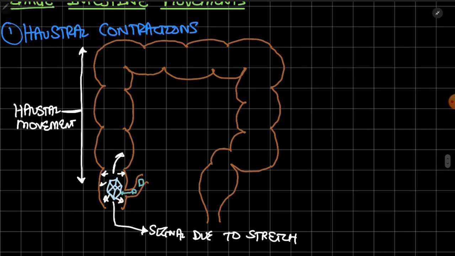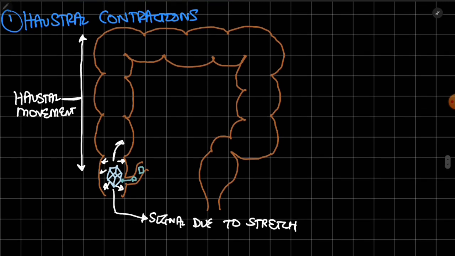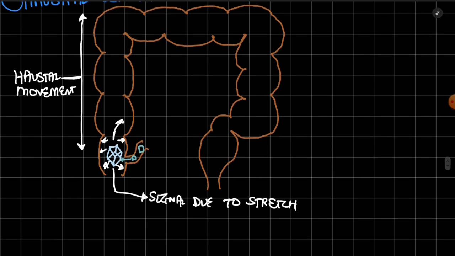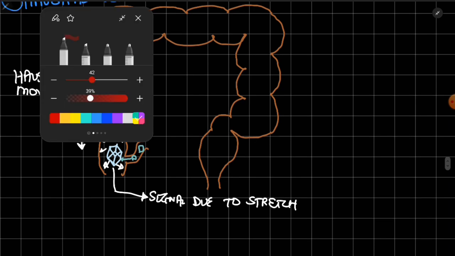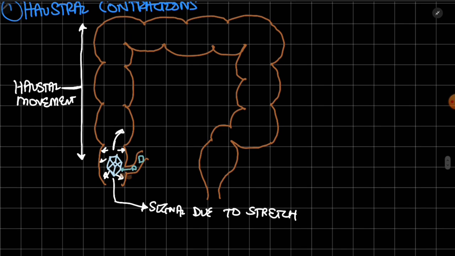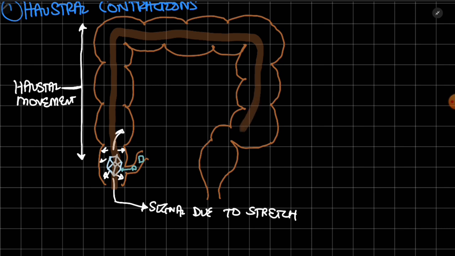The signal will go to the myenteric plexus and the efferent fibers will contract the longitudinal muscle coat around the large intestine. What was this called? This was the taenia coli. It is a bundle of longitudinal muscle coat.